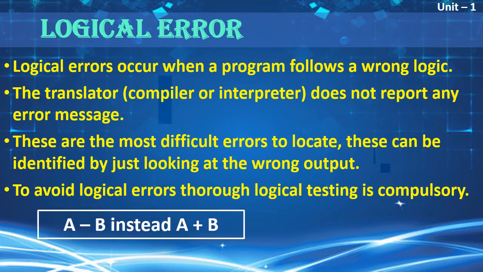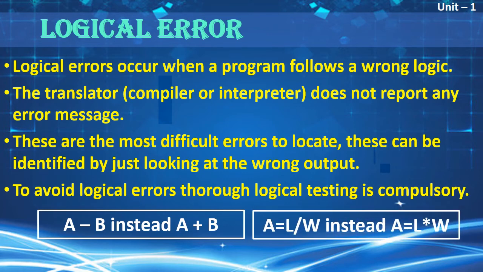For example, mistakenly you have written a minus b instead a plus b. What would happen? It will give you the result, but instead of addition, it will give you a subtraction result. Similarly, if you have written a wrong formula for the area of rectangle, then it will give you a logical error.